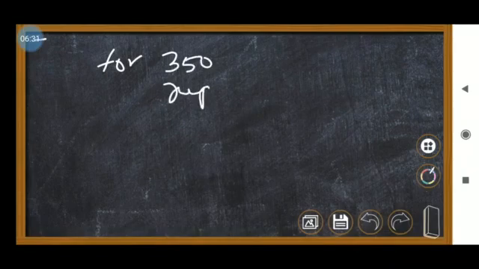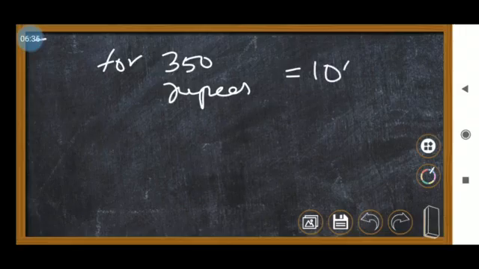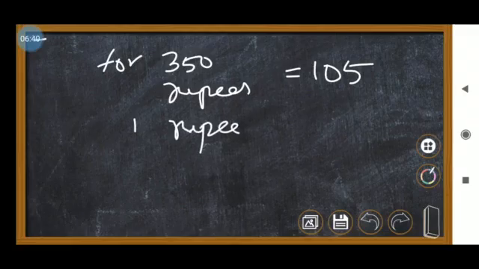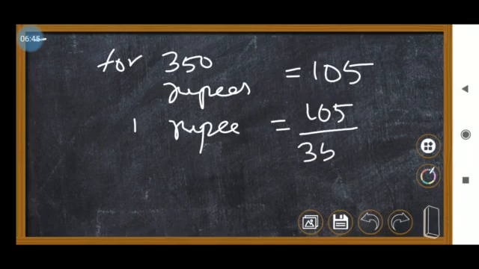When I give 350 rupees I get 105 envelopes. So when I give 1 rupee, it means 105 divided by 350. Just simplify this, otherwise we can leave it, but we can simplify also.